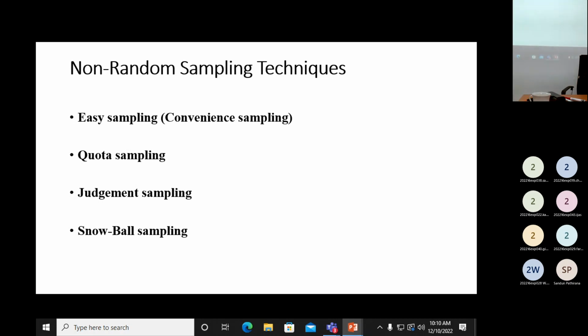In this method, we appoint several persons to select the sample and collect data. Each person is given a quota.